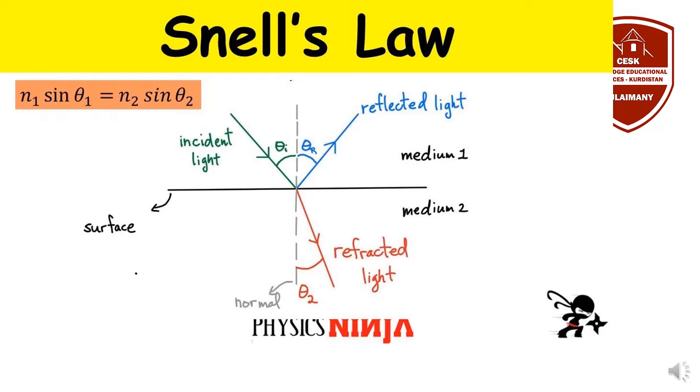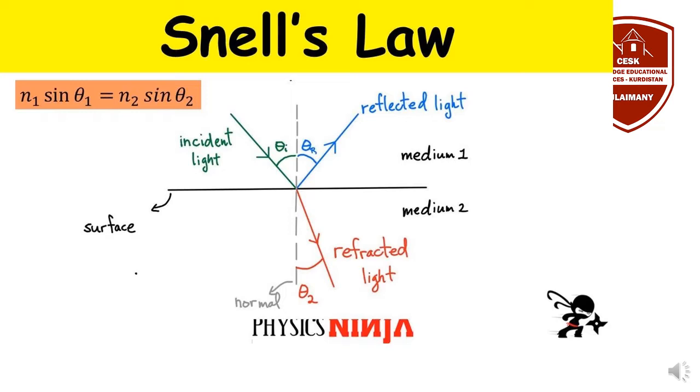What does n1 mean? The index of the first medium, here medium number 1. What is n2? The index of the second medium. The incident light is located in n1, in the first medium, and the refracted ray is located in medium number 2.